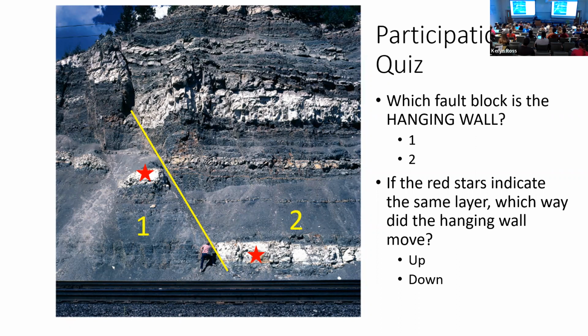And then if the red stars indicate the same layer, so this was all one continuous layer at some point, which way did the hanging wall move? Okay, turn to your neighbor and talk about it. Figure it out.